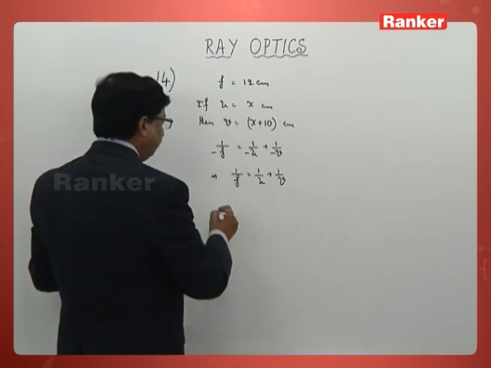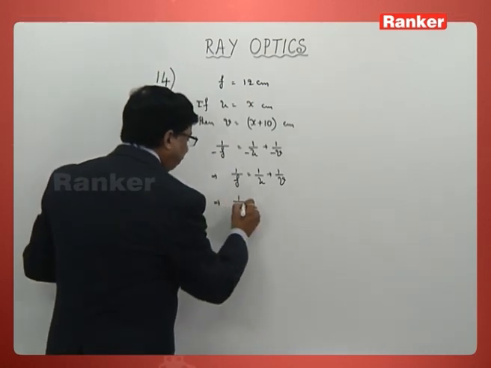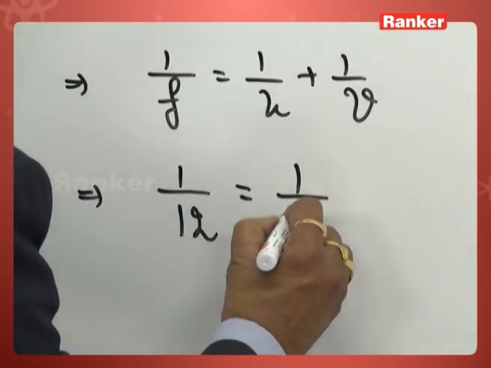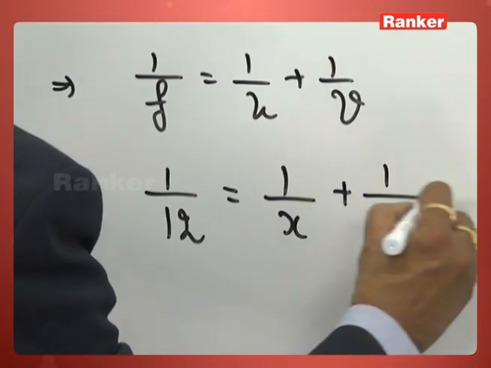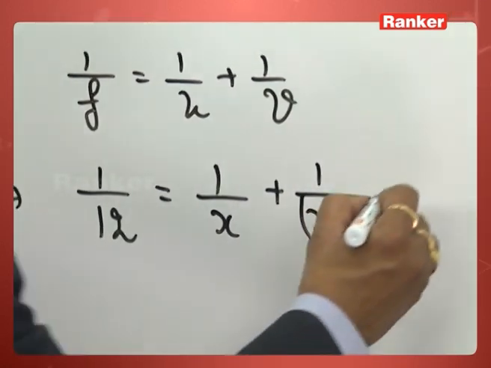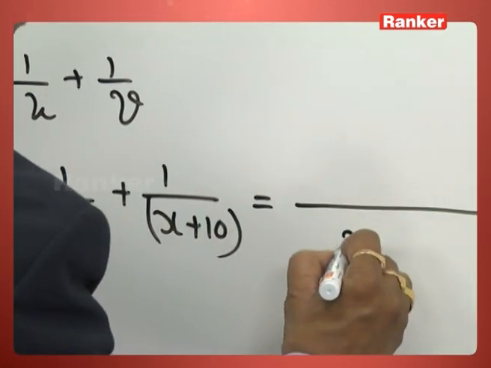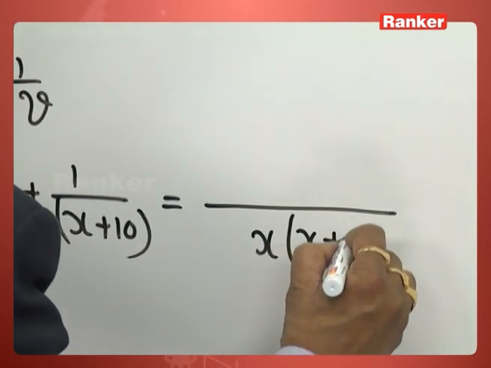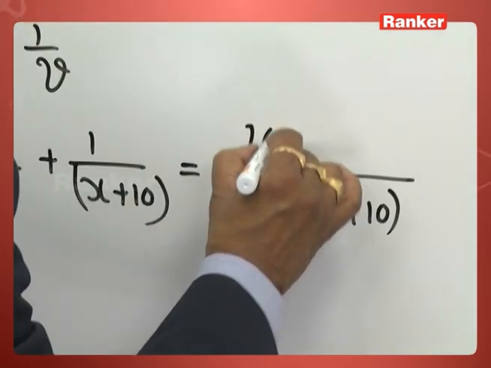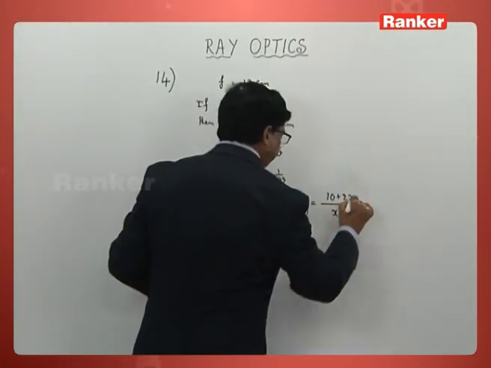Just substitute the given values. 1 by 12 is equal to 1 by x plus 1 by x plus 10. Now just simplify this. x into x plus 10, here x plus 10 plus x, that is 10 plus 2x.